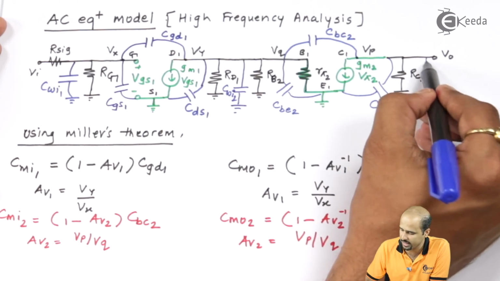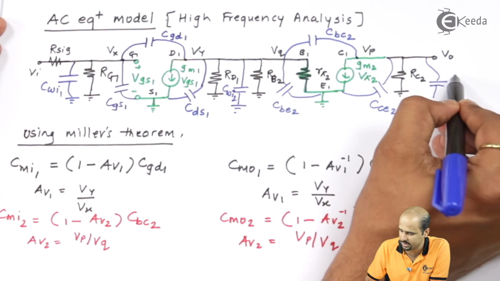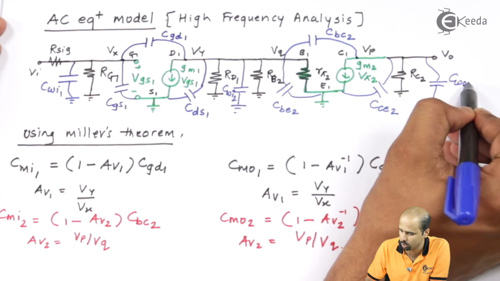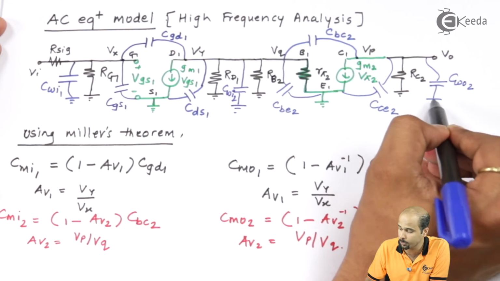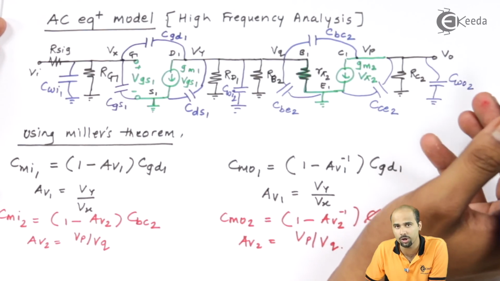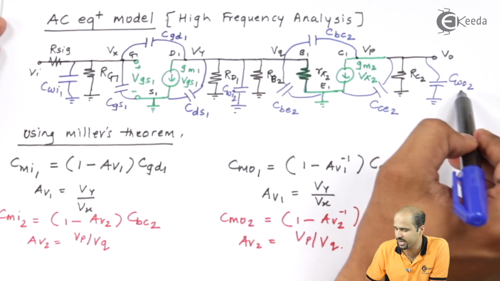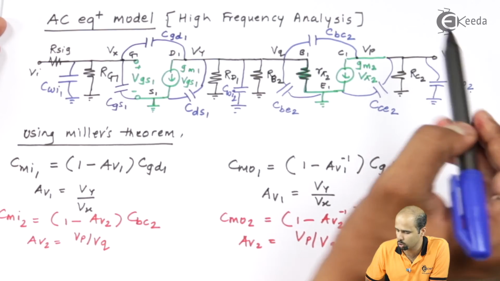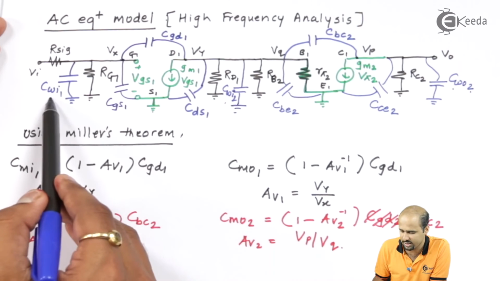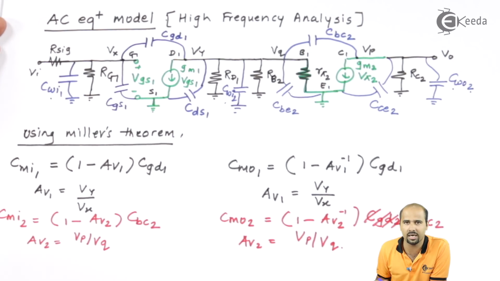Similarly, at the output side as well, we'll be having one more capacitance, that is nothing but CWO2, that is the output wiring capacitor. Here there is no input but output is there, so contact will be there at the output side. So CWO2, CWI1 and CWI2, these three capacitances, will be there at each and every RC circuit.